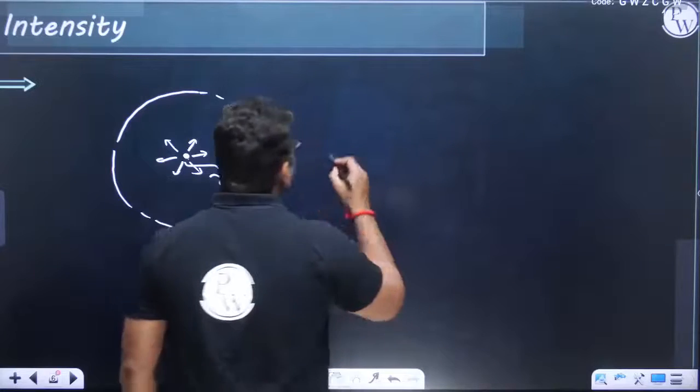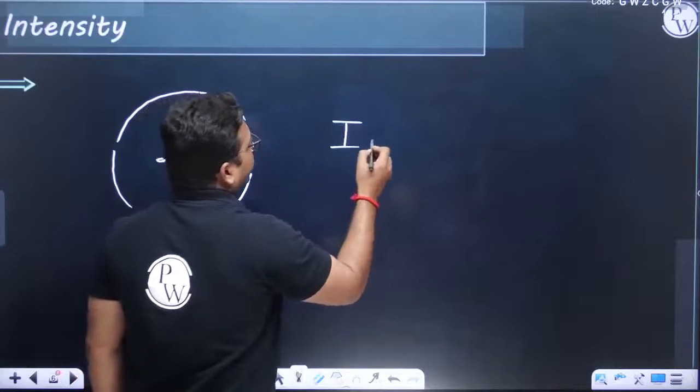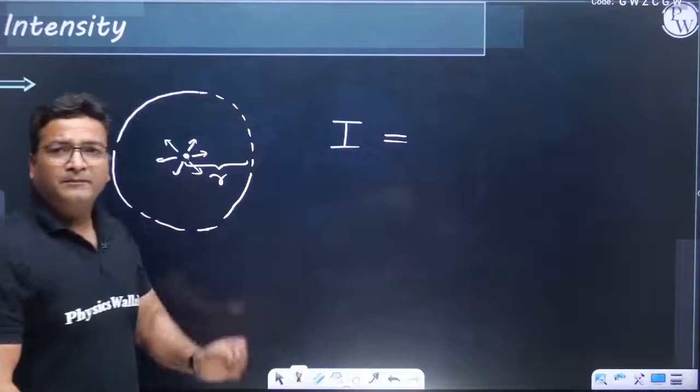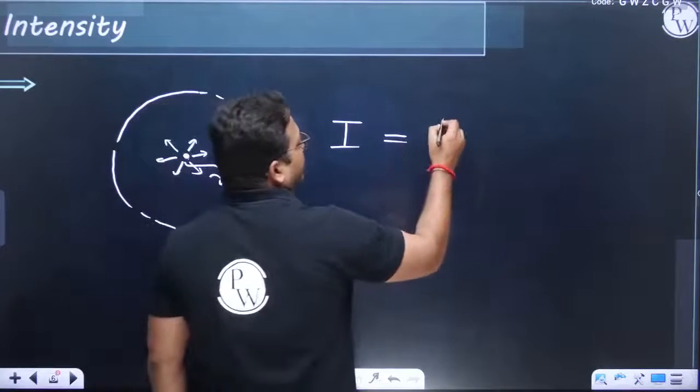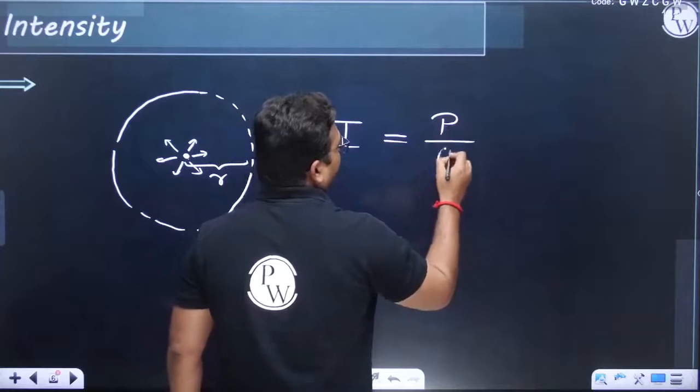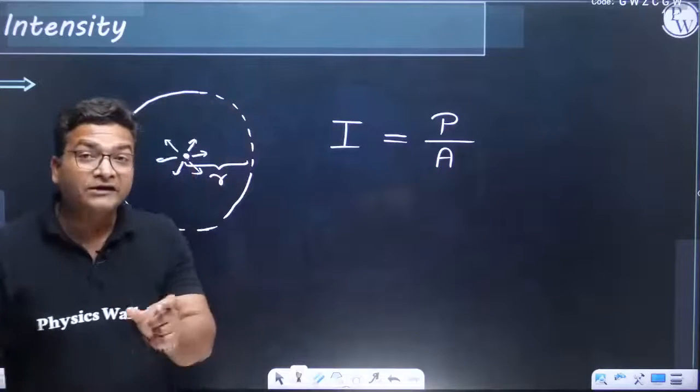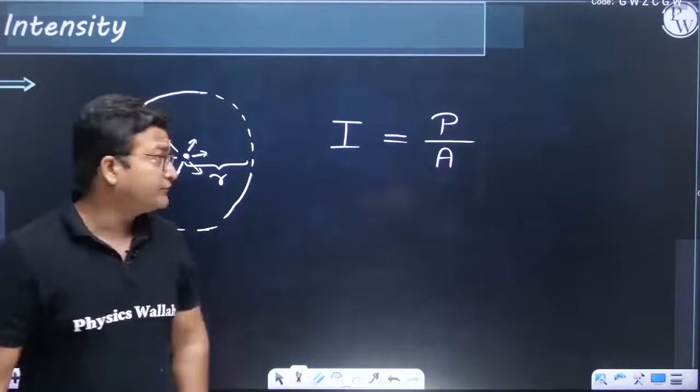As intensity is defined as energy falling per unit time per unit area, if we divide power P by the area of this sphere, we can get the intensity at a distance r from the point source.